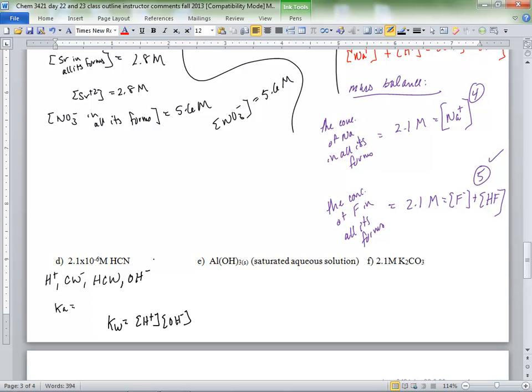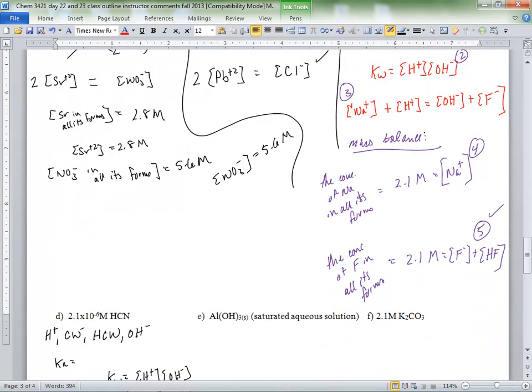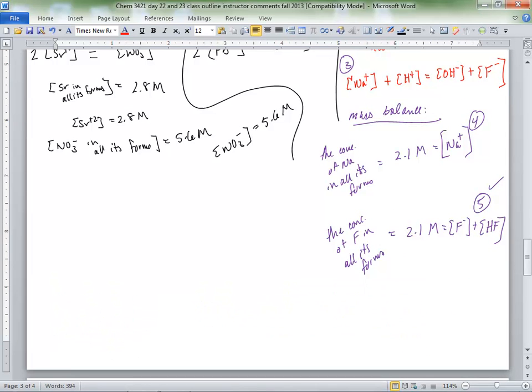On C, how did we end up having H plus and OH minus? Because we wrote the Ka expression, and then you have H plus, so we added that to our list. For D, I ended up with 5 equations but only 4 species.